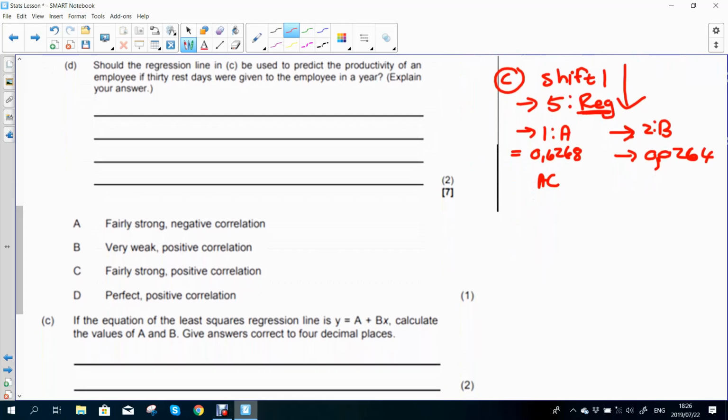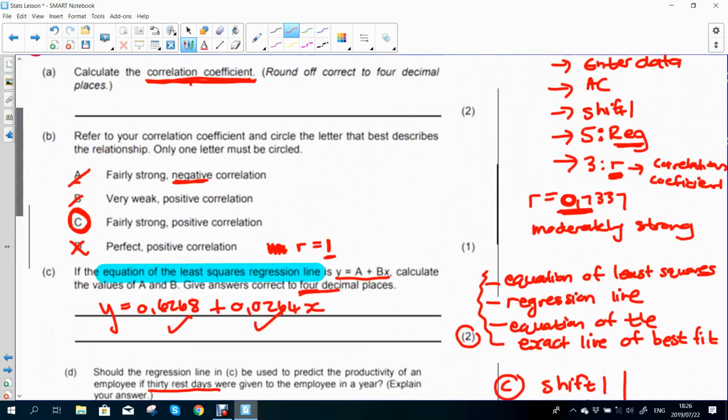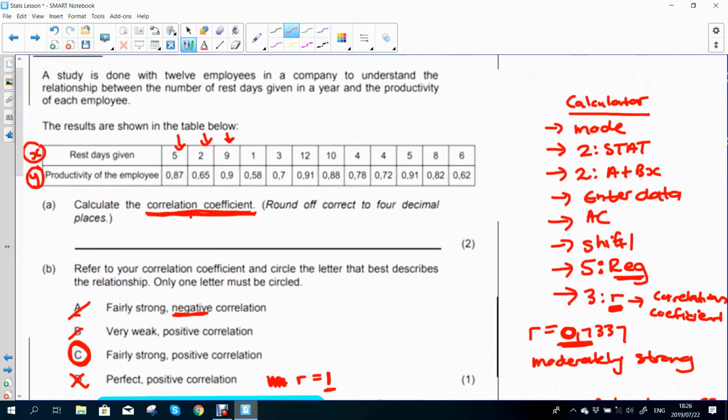Should the regression line in C be used to predict the productivity of an employee if 30 rest days were given to the employee in a year? Now, if you go up, what is the maximum amount of rest days that you have in this row? The maximum amount of rest days is 12. So this is what we call the upper boundary.